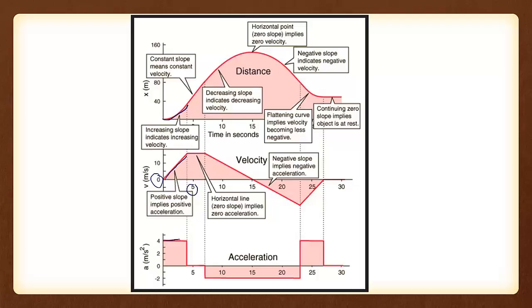Second part for this one, this is a straight line, and therefore the velocity will also be constant with a fixed number, and therefore the slope of this is a horizontal line, so the slope will be 0. So that's why the acceleration graph here should be 0.